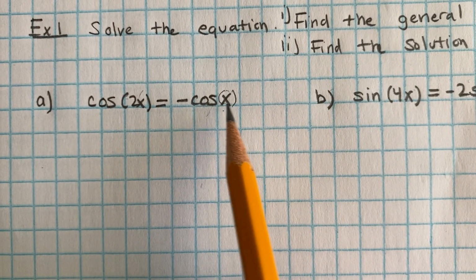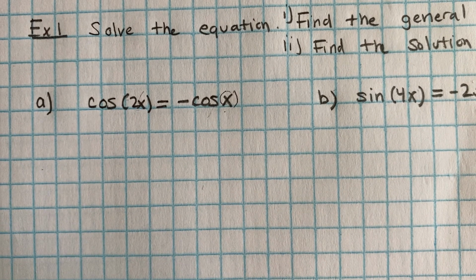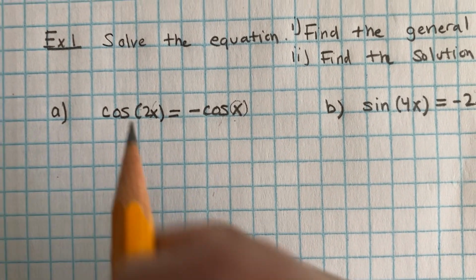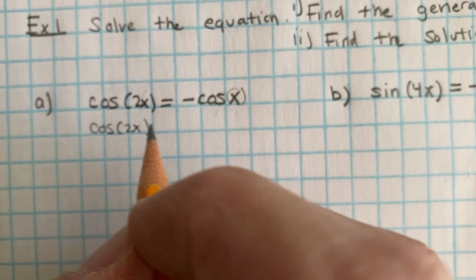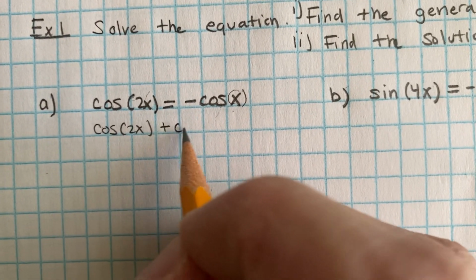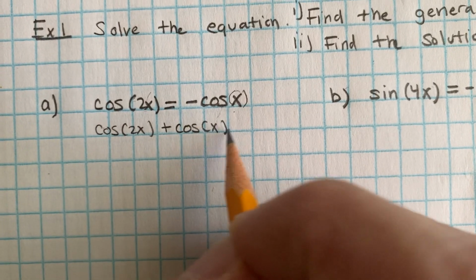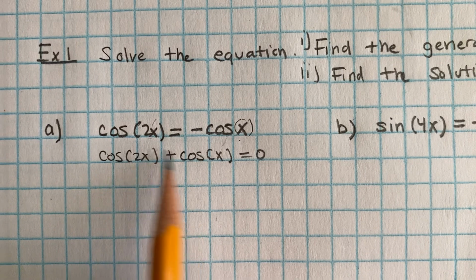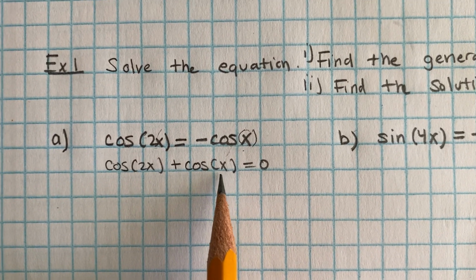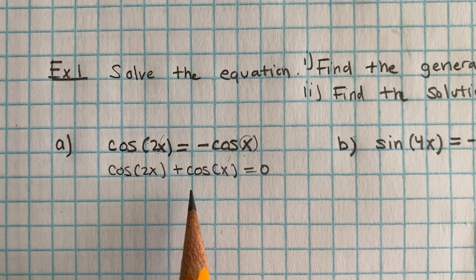These x's are inside the argument, so you're not allowed to do anything like that. But what you can do is move the cosine x over, so let's do that. Okay, now that we moved it over, again, you can't factor out any cosine x over here. This is inside the argument, so don't try factoring.